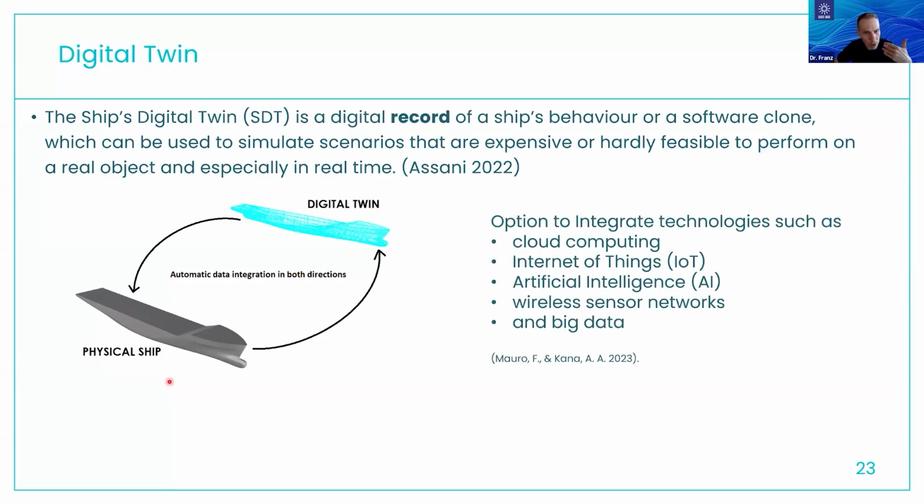And this is actually where some of the more recent technologies come in, so that we can use cloud computing, Internet of Things, artificial intelligence, machine learning, and big data in order to enhance digital twins, to connect also our digital models with the sensors that we have on board.